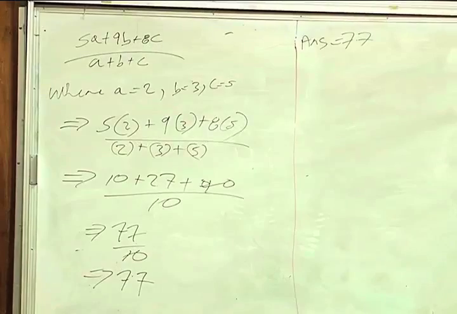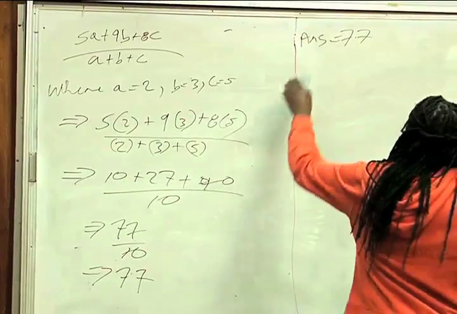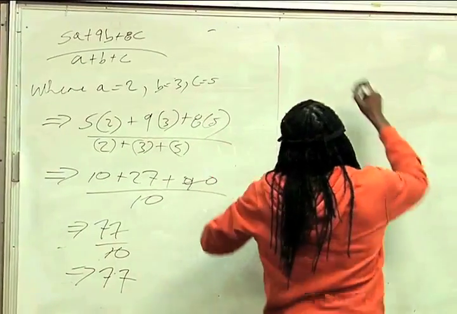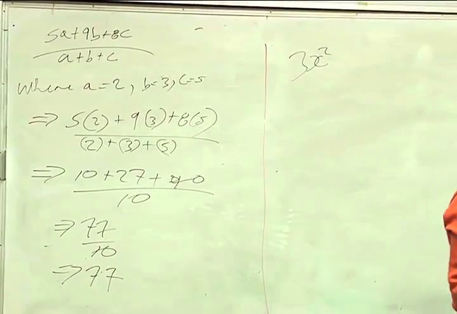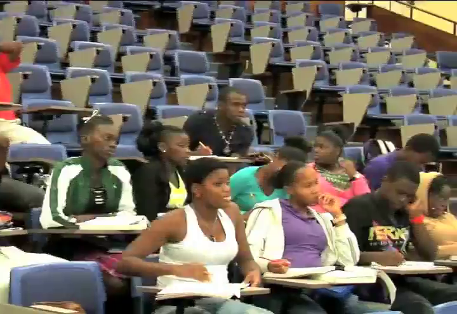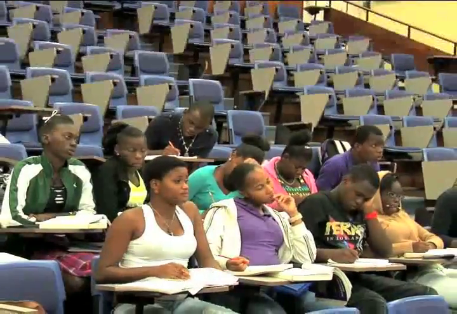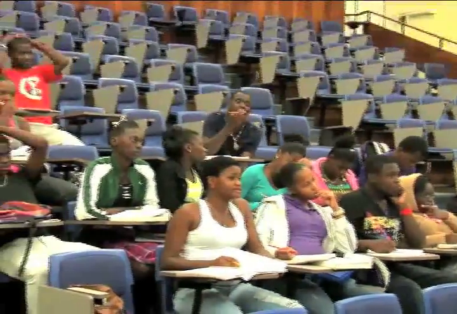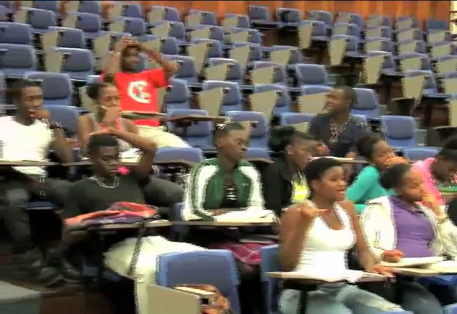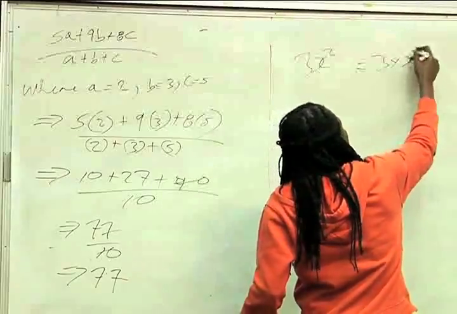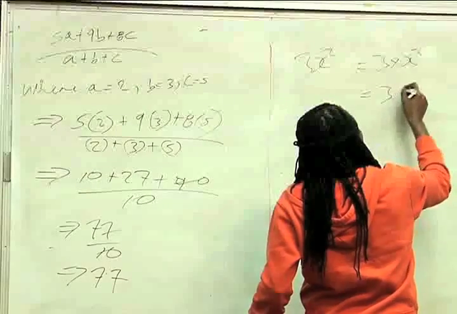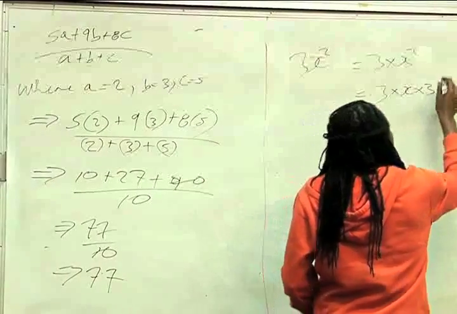Now look at this here. 3x squared. Sir, the x is squared. The only thing in this that is squared is the x. So it's equal to 3 times x squared, which is equal to 3 times x times x.